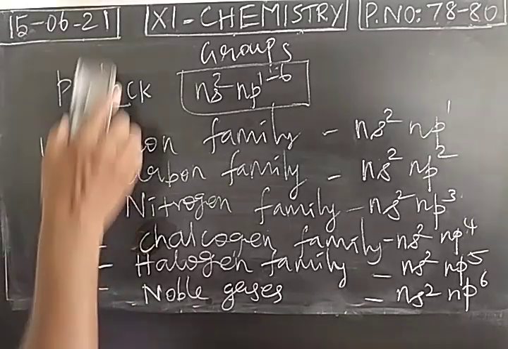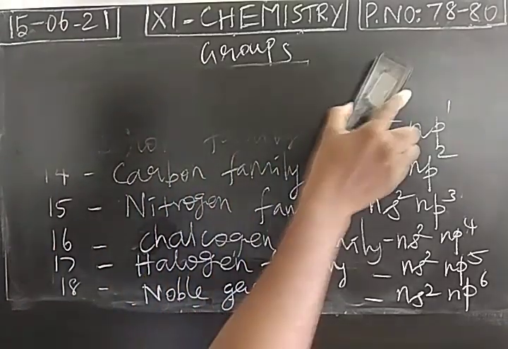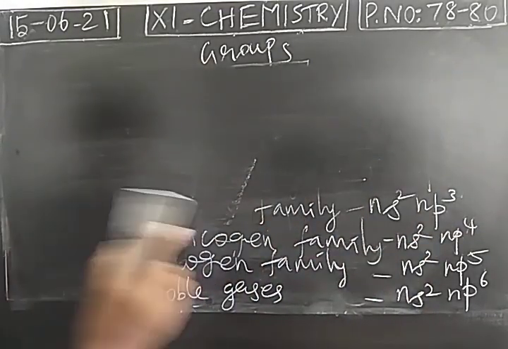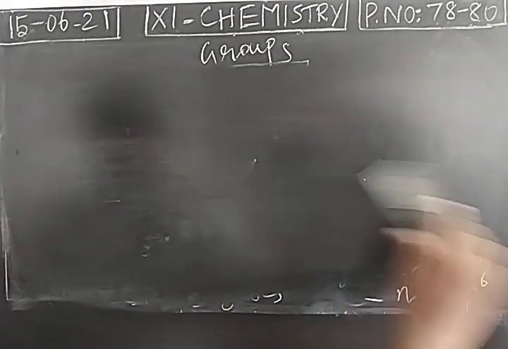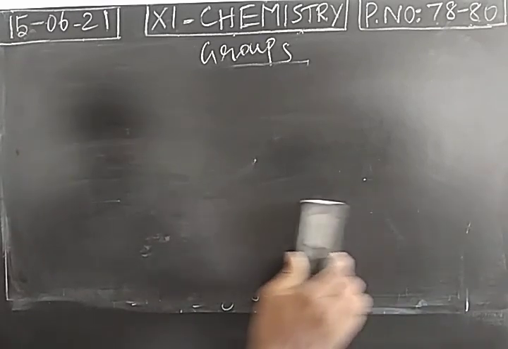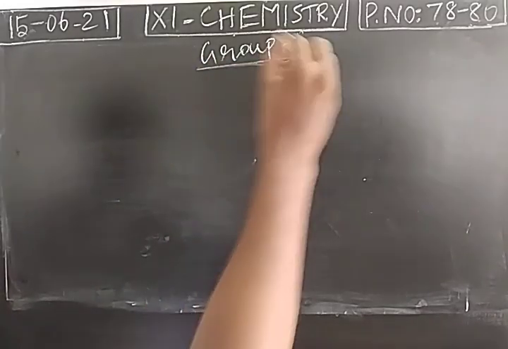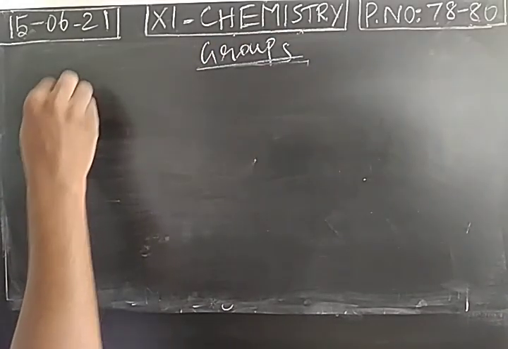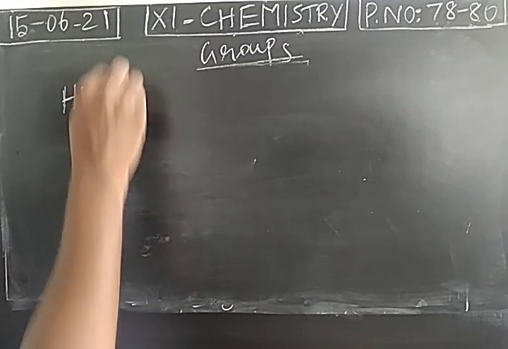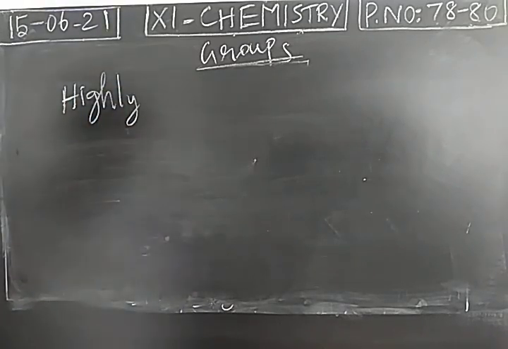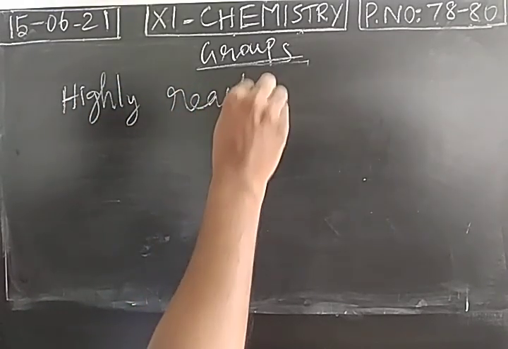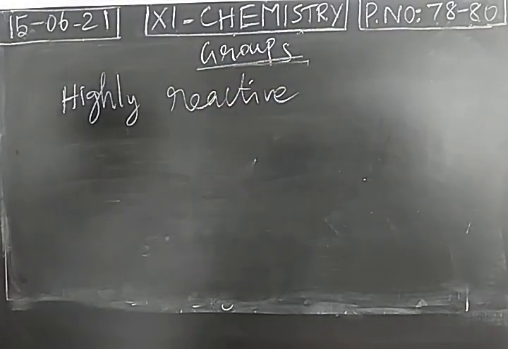And what about the nature of p block elements? All types of elements are present in p block: metals, non-metals, metalloids. They are also highly reactive in nature. Generally, in p block, electron accepting tendency will be more.